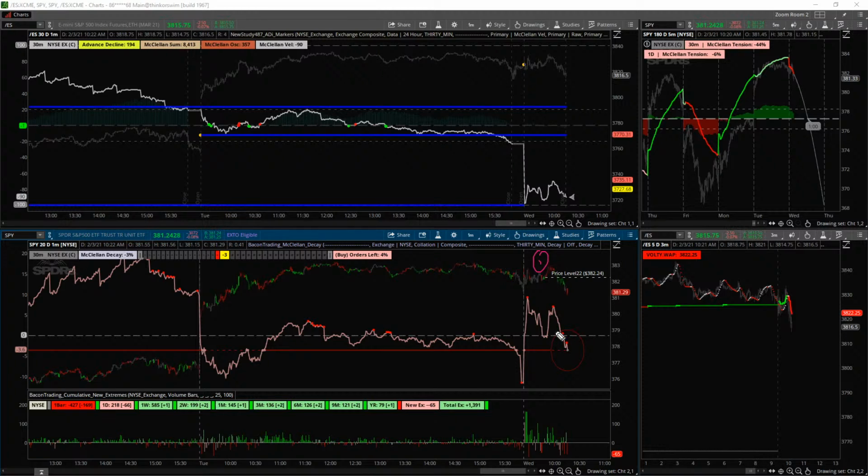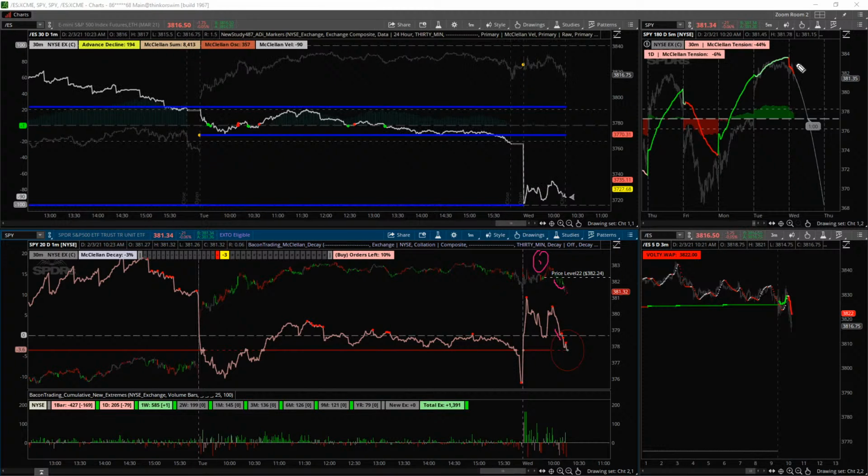Now we see the second one come in, and as this one built in, you see the tension, you see decay. You say, well, they failed right here. That's not good. That means that the bulls are not active right now. So we're not going to participate with a side that's not going to play. So now we have a data point we can look at for today.